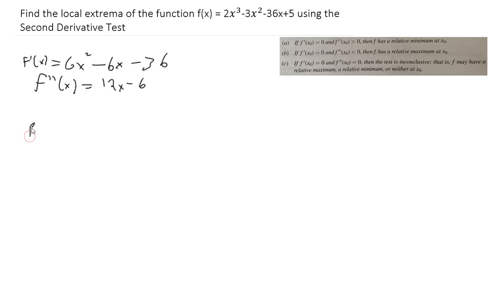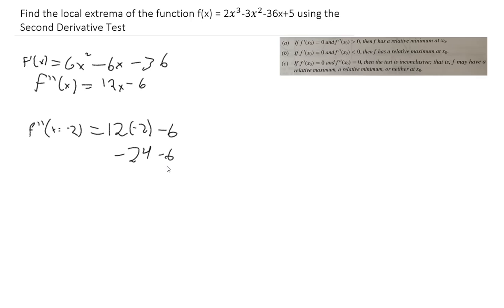So let's go ahead and plug in x equals -2. So here we have -24 minus 6.